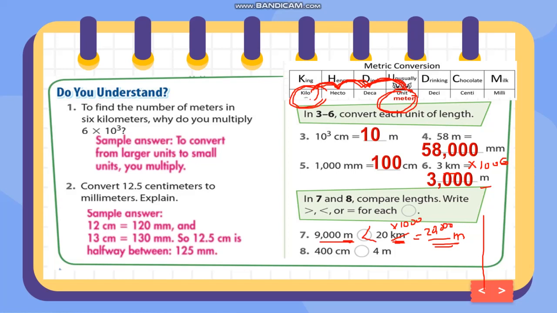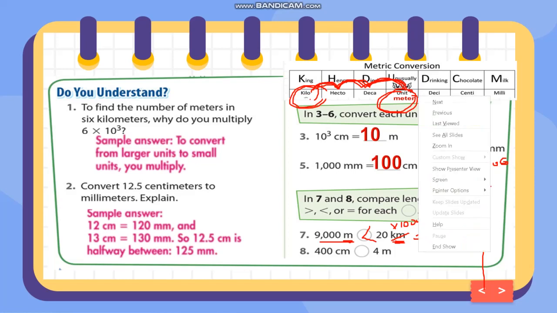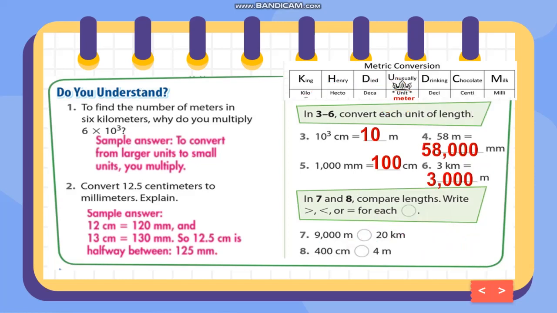Now, what is the other way? The other way is I don't change kilometer to meter, but I change meter to kilometer to make it the same as kilometer. So 9,000 meter, I'm going to change into kilometer, meter to kilometer.